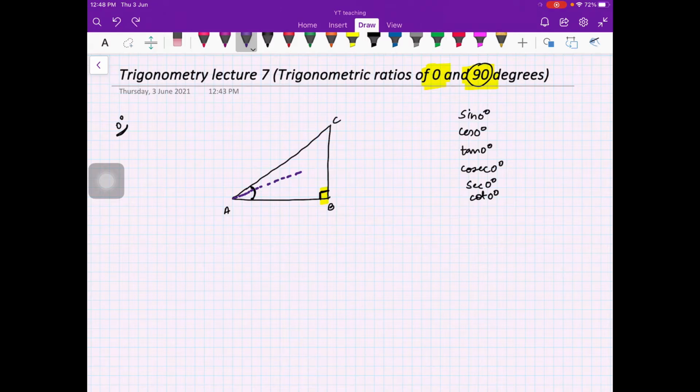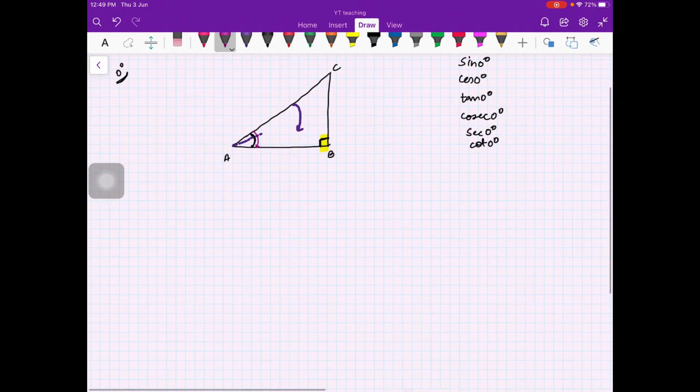So I want to bring this side AC close to AB, so that this angle becomes 0 degree. How will we proceed?